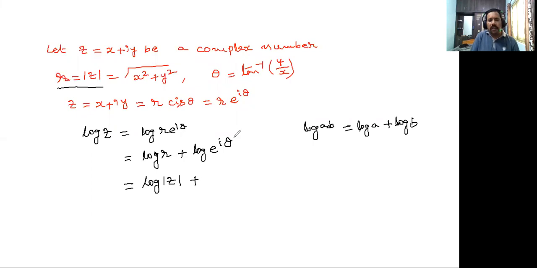plus the power is coming in front of the logarithm, i theta into log e to the base e. What is log e to the base e? That value should be 1. So logarithm of mod z plus i theta. This is the logarithm of a complex number formula.